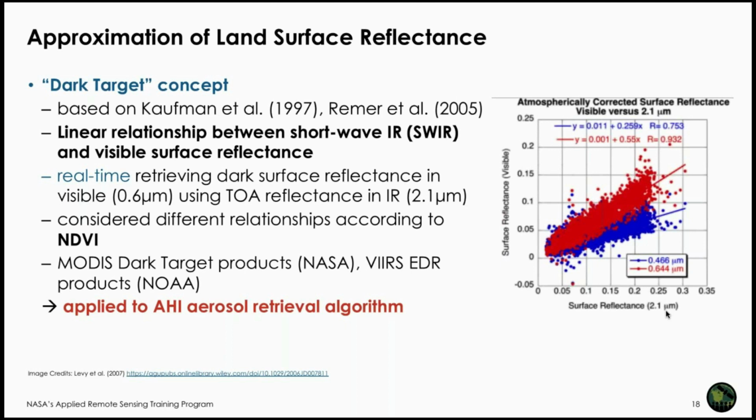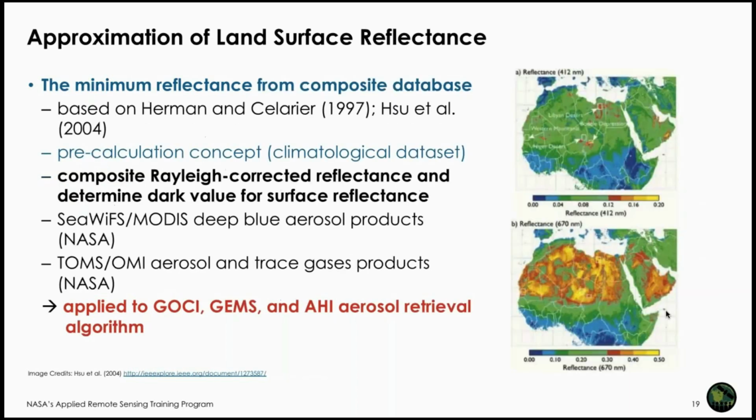Currently, this target concept is applied to the MODIS Dark Target algorithm and the VIIRS aerosol algorithm, and it can also be applied to the AHI sensor because AHI has shortwave channels compared to GOCI and GEMS.